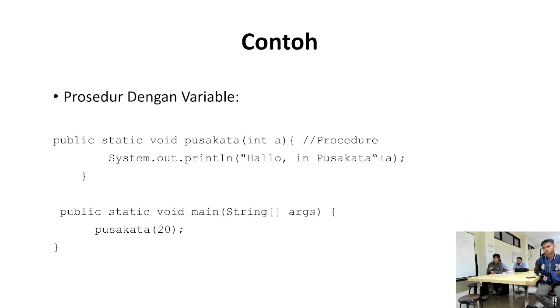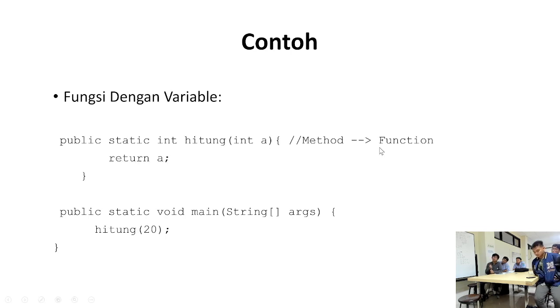Procedure with variable: public static void pusakata, integer a. Then Hello in pusakata plus a. pusakata(20). The output will be Hello in pusakata 20. Yeah. I hope it is clear. Functions with variable: public static integer hitung, integer a, return a.